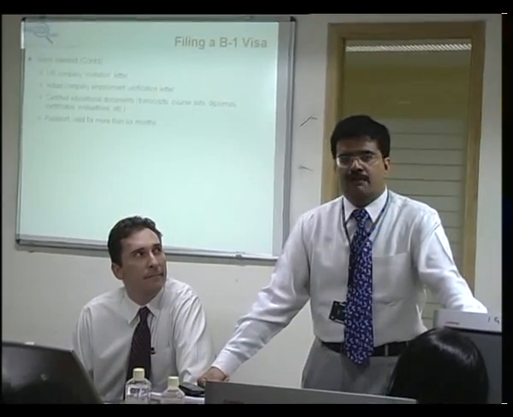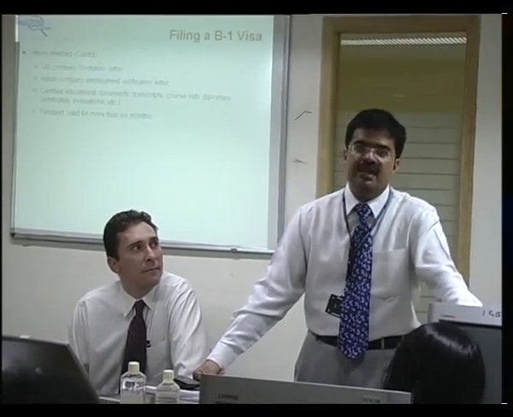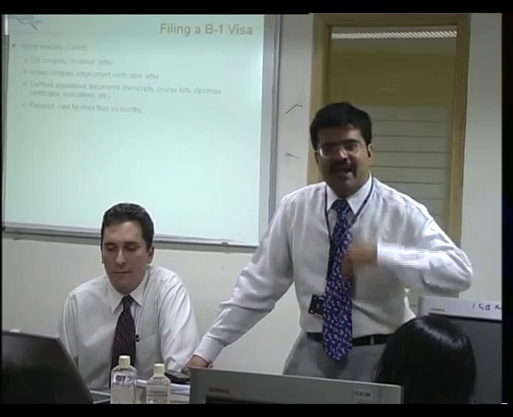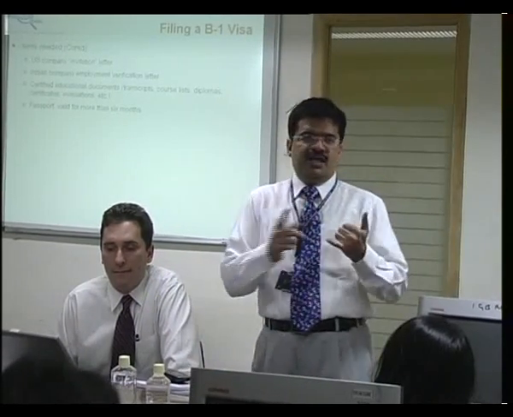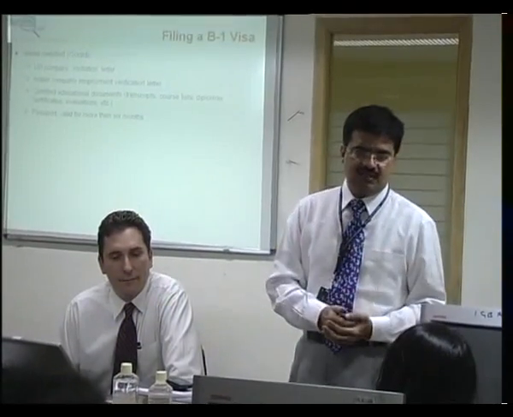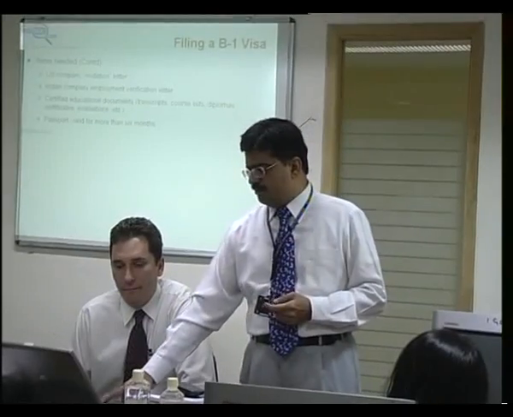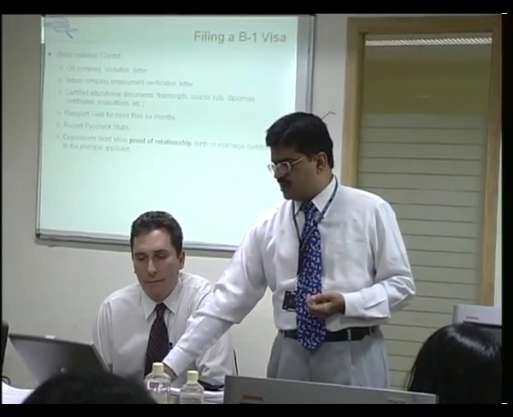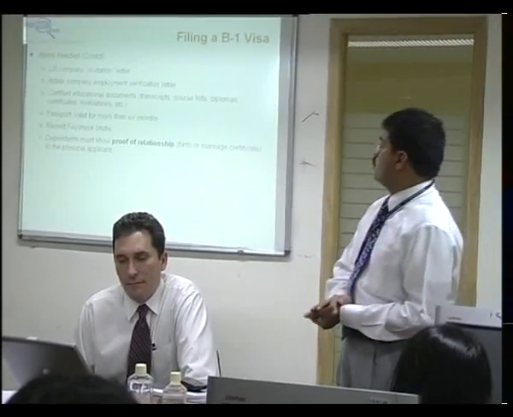So when you are processing cases in your organization, be it B, L or H, you should move it forward only if the passport is not expiring in the next 6 months. That is one thing which is very important. Then recent paycheck stubs. Dependents also must show proof of relationship.